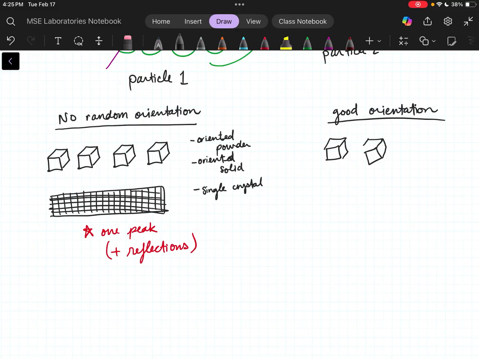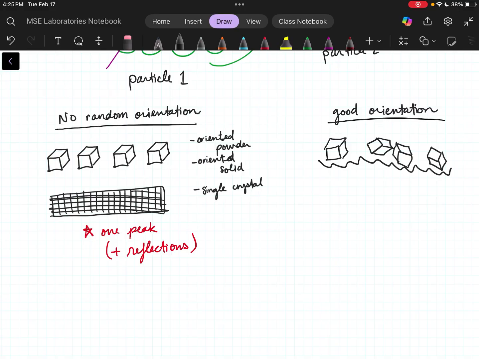With good orientation, you'll have some in that straight up and down orientation. I apparently cannot draw. To the best of my ability, I've now got randomized particles.